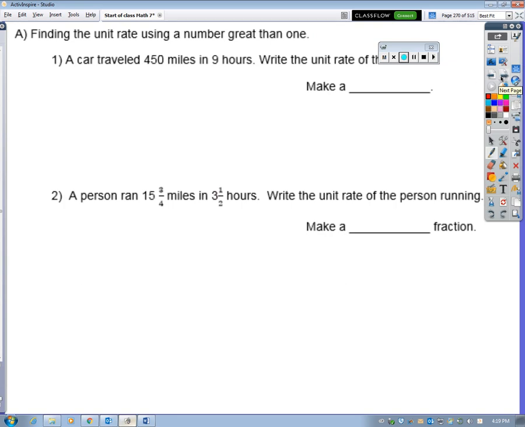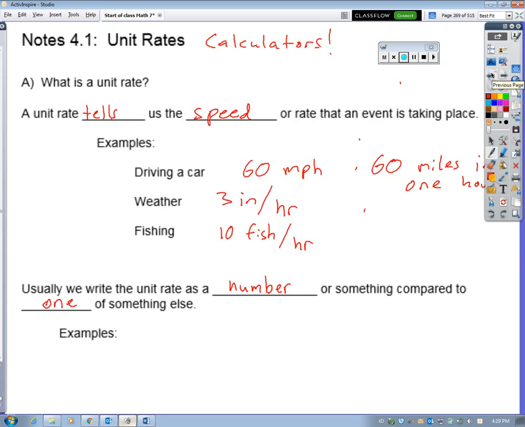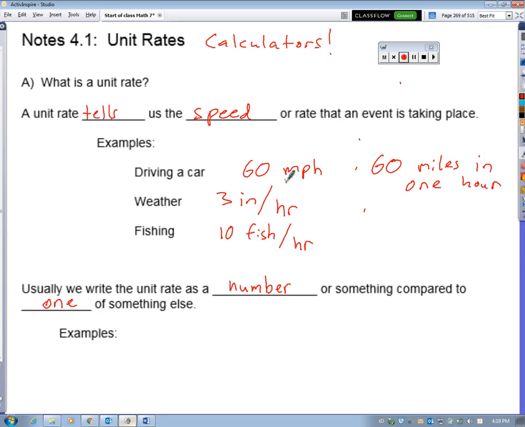Before we get into calculating that, I want to get back to something like this. Okay, for example, if we use the 60 miles per hour unit rate, if we were going to try and tell someone how fast we were going, we do not say, oh, how fast were you going? Well, I was traveling 300 miles in 5.5 hours.